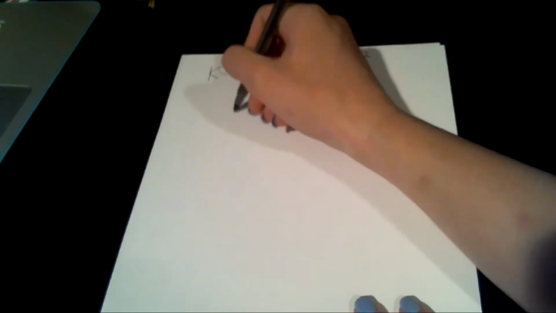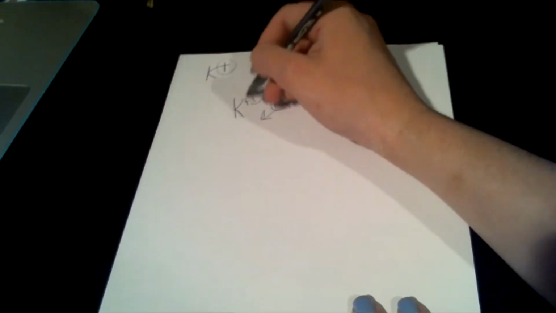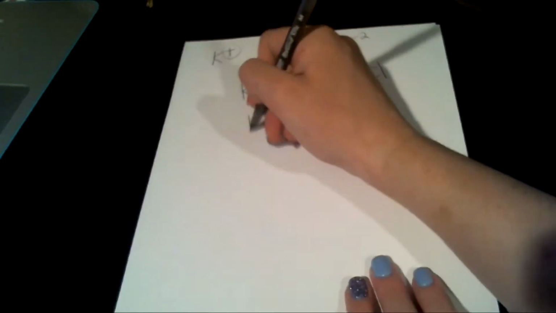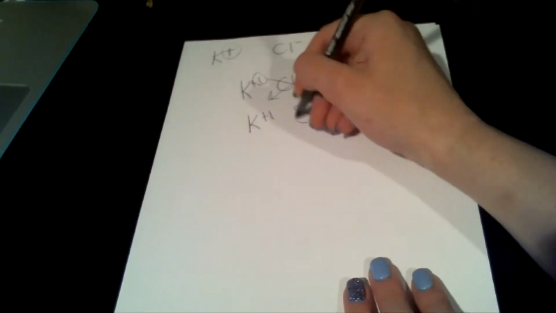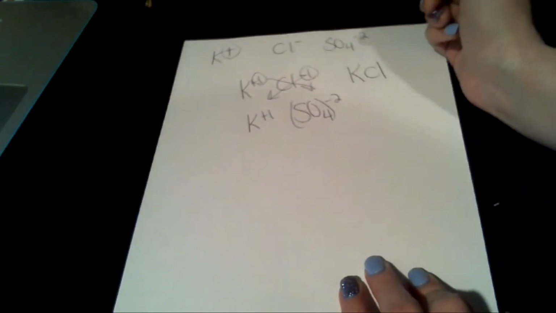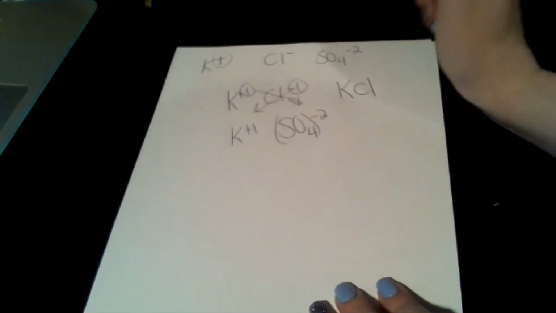Sorry, I'm just trying to get this so I don't have to keep playing with the paper. Okay, there we go. So this potassium is K+, meaning it's K plus 1. Easy choice is Cl-. Crisscross, you're going to get KCl. Other option, K plus 1, SO4 minus 2. Remember, do not disturb the polyatomic ion.